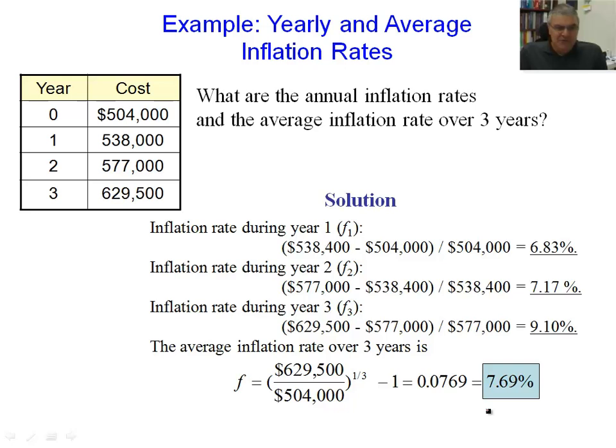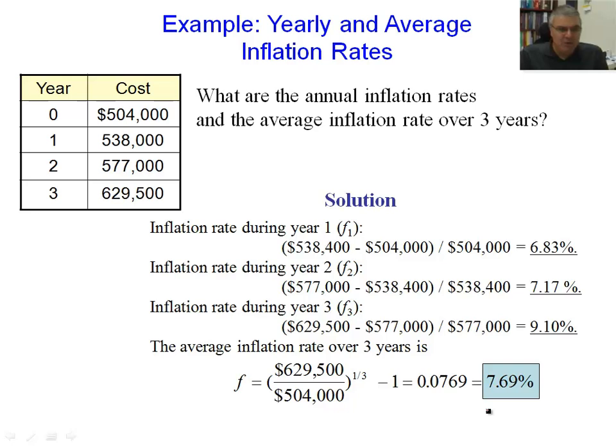Okay, so we have 3 years here in this particular problem. Yearly and average inflation rates for year 1, 2, 3, and year 0, which we use as the basis, are given. We would like to calculate the annual inflation rates and the average inflation rate over 3 years.